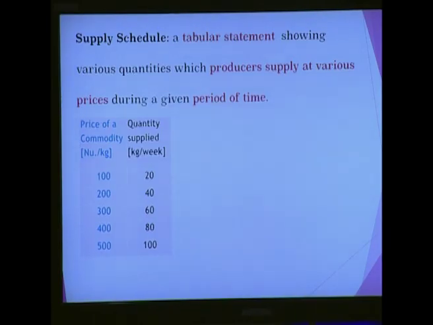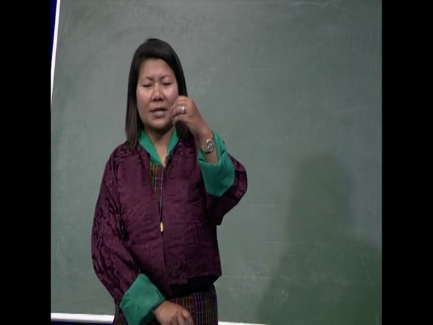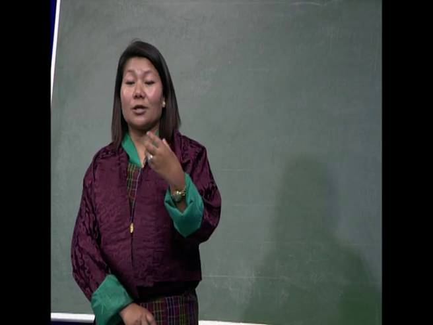You will see that price is increasing and so is quantity, and that's what we mean by a direct or positive relationship. So for a supply schedule, you put the values of the prices and the units of quantity sold in a certain period in a table format.